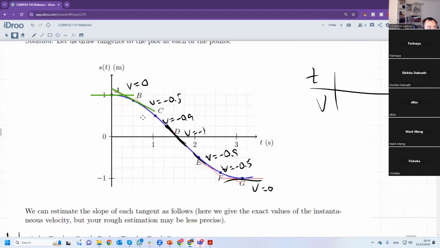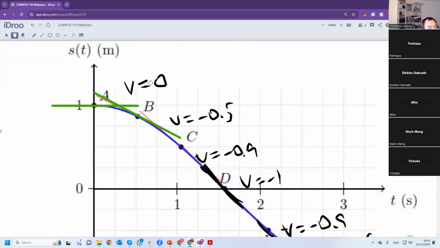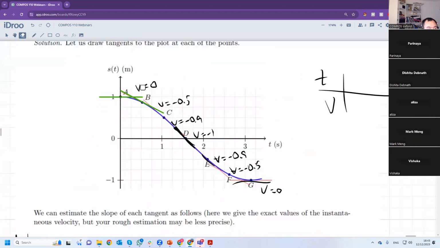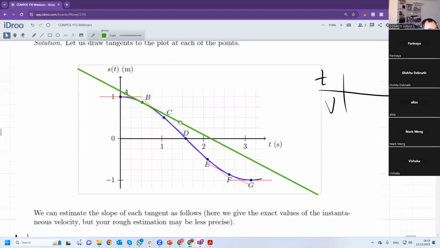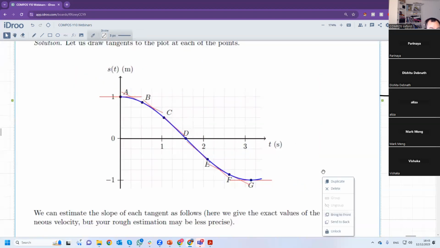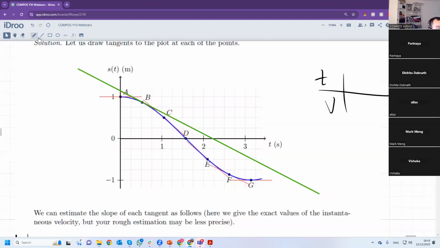Yeah, rise over run, of course. So 0, 0.5. If you draw the line, and you can see that, well, here and here.